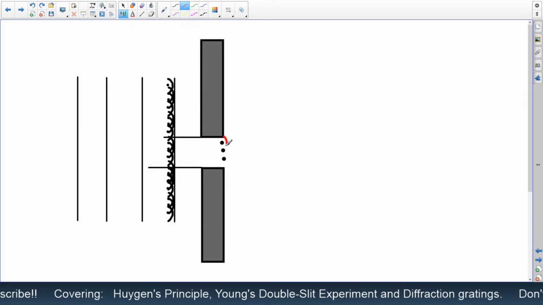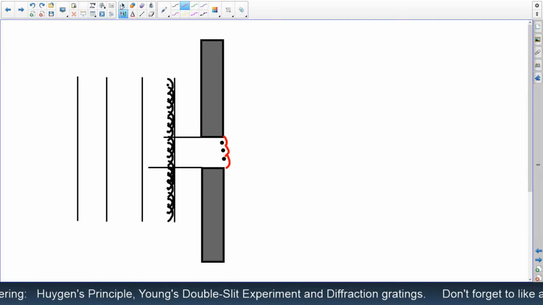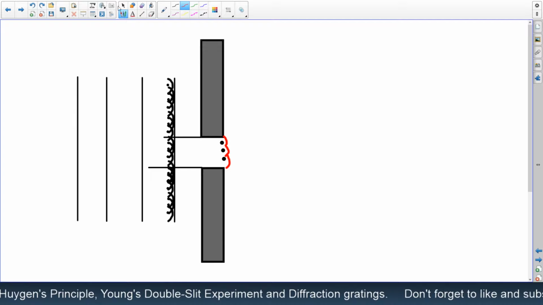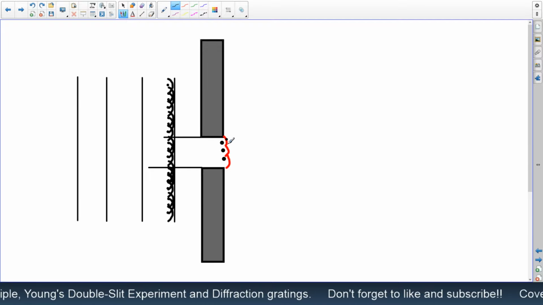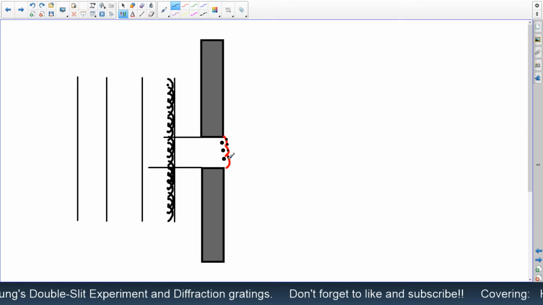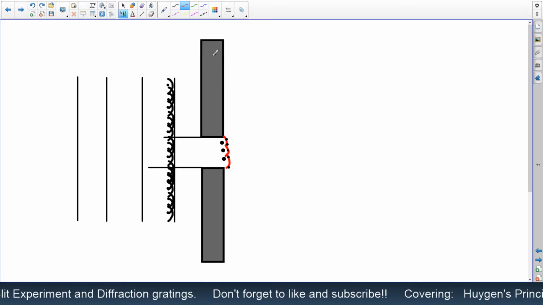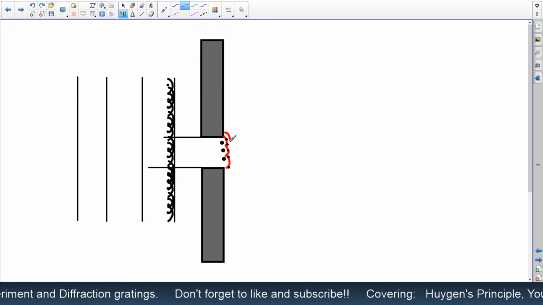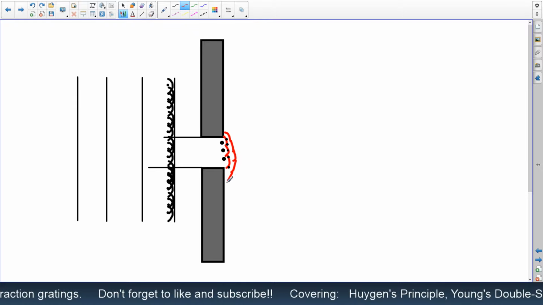So when they come out on the other side, the little arcs make that, and then on top of the next bit, each of these little points becomes its own little wave generator. And they generate their own arcs. Let's give them a red. So that one generates a little arc, and that one generates a little arc, and that one generates an arc, and that one generates an arc, and that one generates an arc.